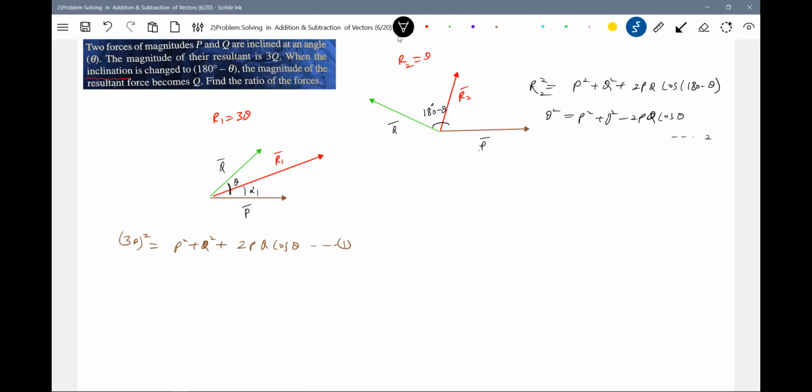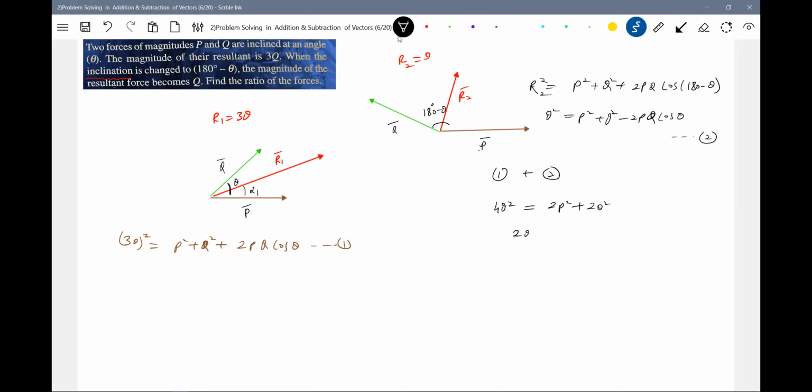There are equations 1 and 2. I'll add up these two. 1 plus 2 will become 4Q square on the left. Here, you have to look at this one: 4Q square equals P square plus P square, 2P square, plus Q square plus Q square, 2Q square.